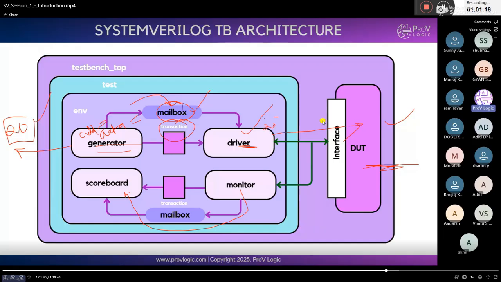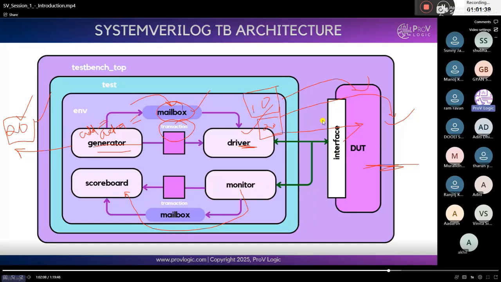Exactly those 20 transactions need to be sent to the DUT. Suppose the generator is generating 20 transactions, but the driver is able to transfer only 10. That is not proper verification or proper transmission of transactions, right? There will be data loss. So we cannot do it like that.